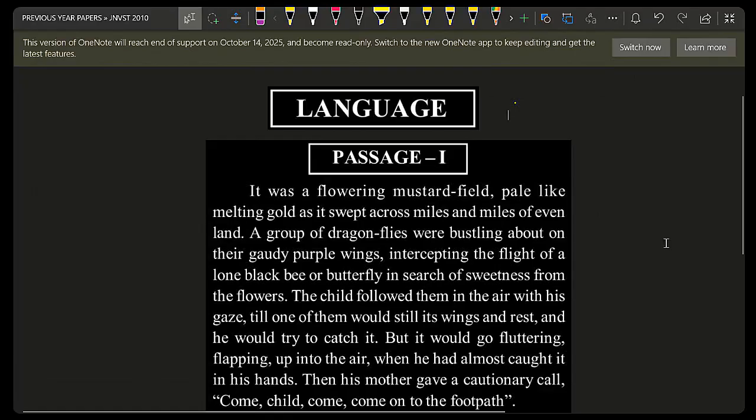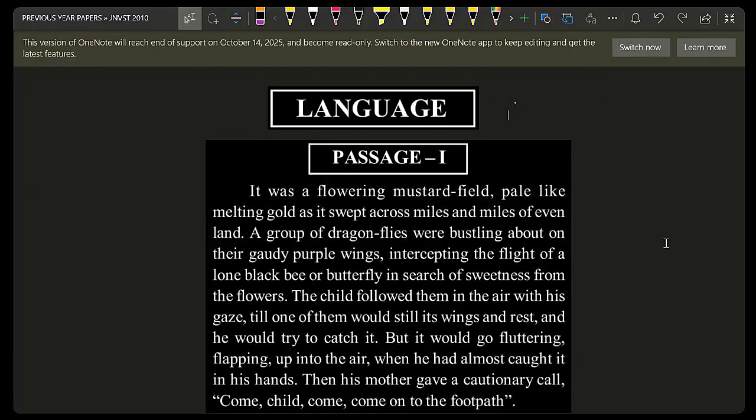They are mentioning the purple color of the dragonflies' wings. The bee or butterfly wants nectar, sweet juices from the flowers. So for sweetness, they are in search of that.